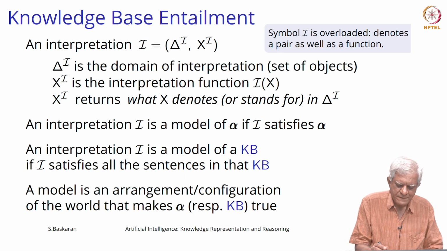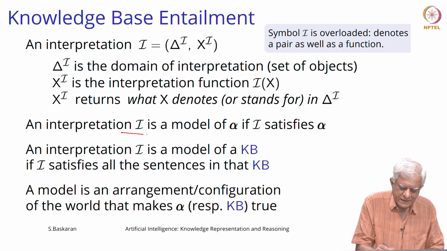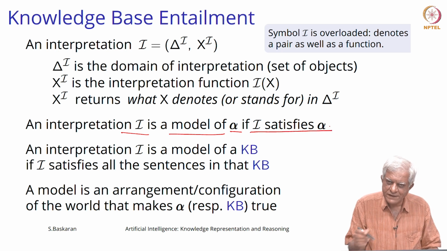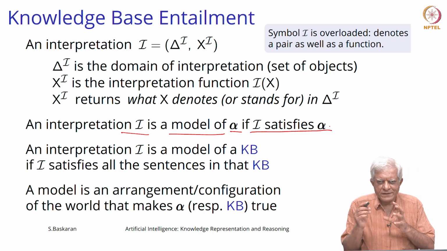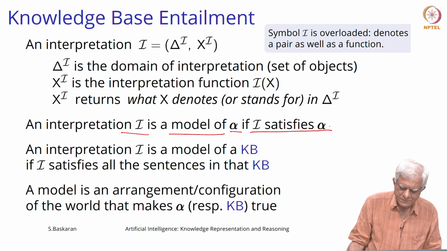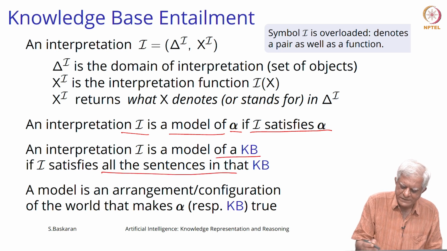We say that an interpretation I is a model of alpha if the interpretation satisfies alpha. That means that alpha can be made to be true, that such a concept does exist. It is a model of a KB if it satisfies all the sentences in that KB.